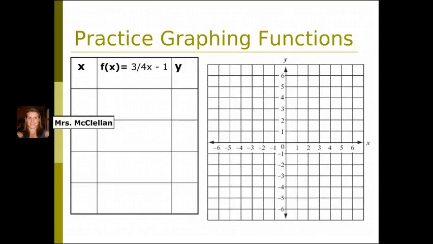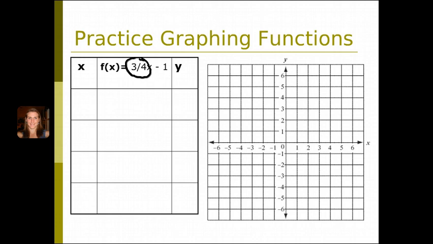Alright, so now that we've practiced just filling in the t-chart, let's actually do an example where we create the t-chart and then graph our coordinates. So again, you can pick any x values that you want to plug into the equation. However, in our situation, because we have a fraction, 3/4, it's best if we choose an x value that is divisible by 4, so we get an even number as our answer.